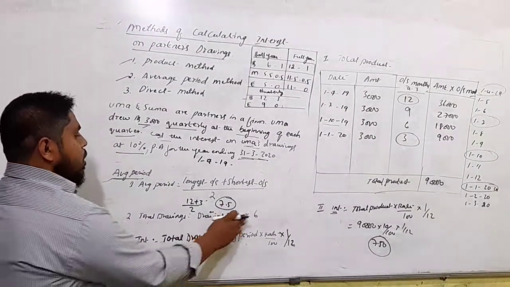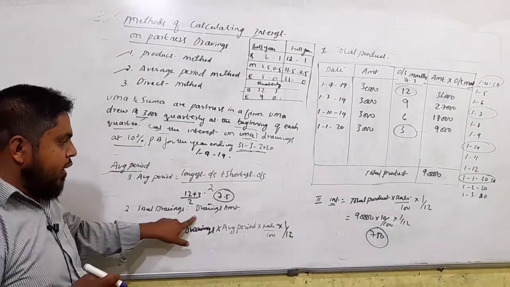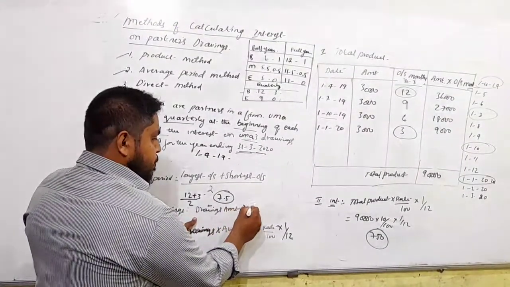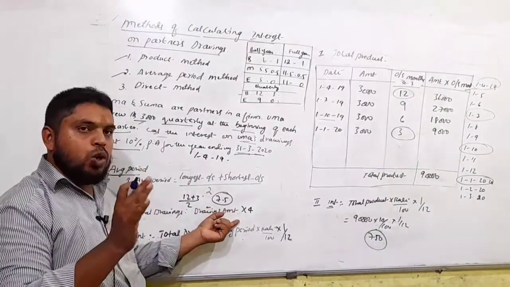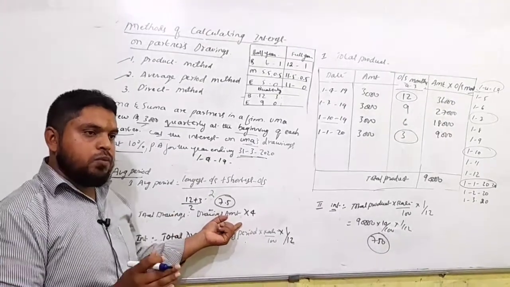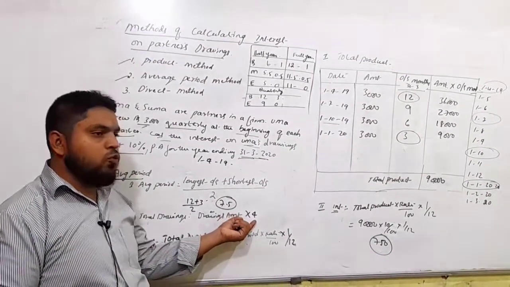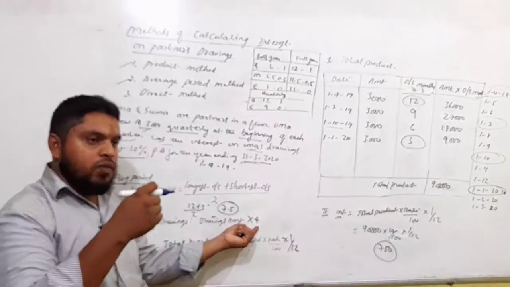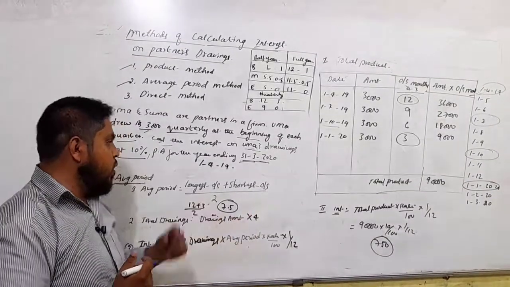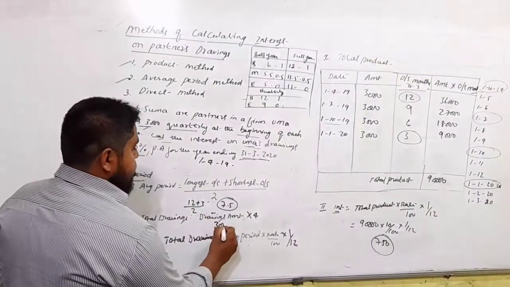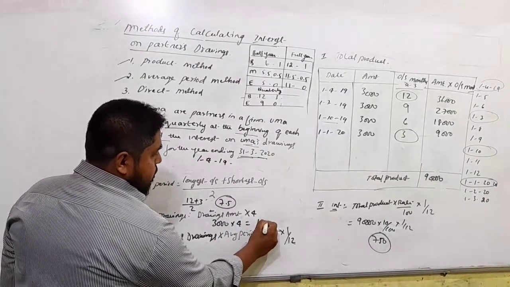Now drawings, total drawings you have to find out. Drawings amount into 4. Why do we have to take 4? Because in a year you will get 4 quarters. We should not take 6 months and 12 months. So in a year we will get 4 quarters, let it be beginning of each quarter or end of quarter. So drawings amount into 4. Drawings amount is 3,000 into 4, 12,000.